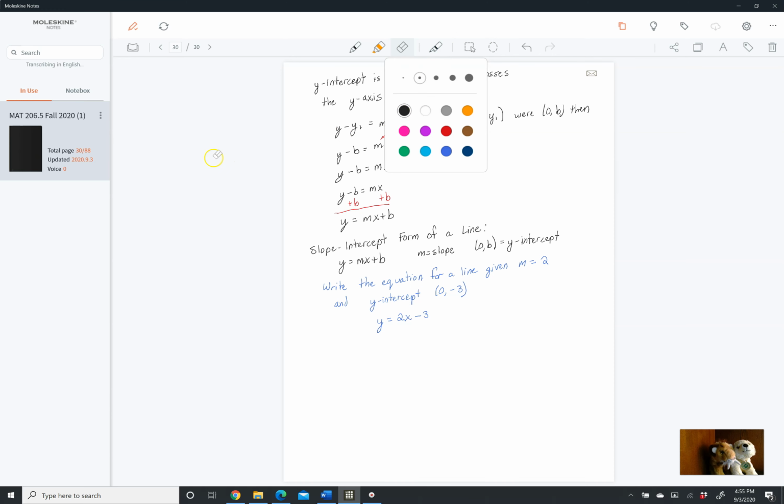Okay. So the last one is the standard form for a line. And what we say is this is a times x plus b times y is equal to c, okay? And a quick note is that this b is not the same as the y-intercept.